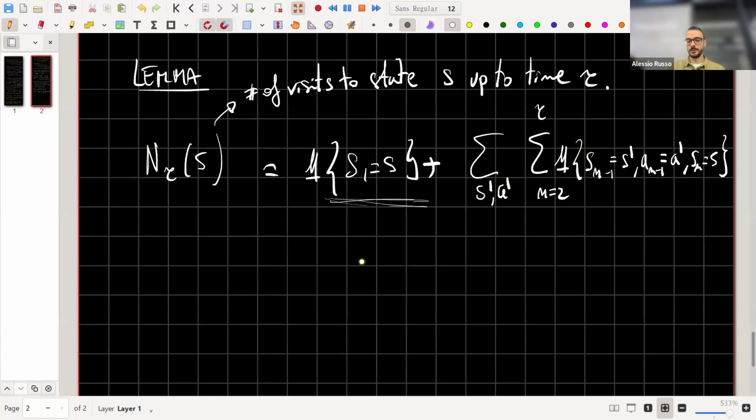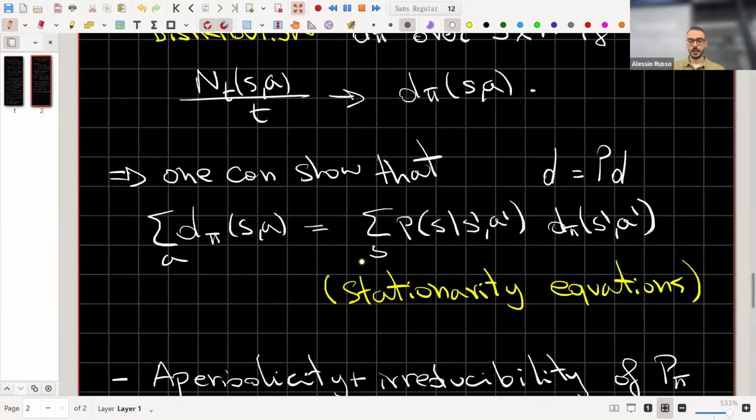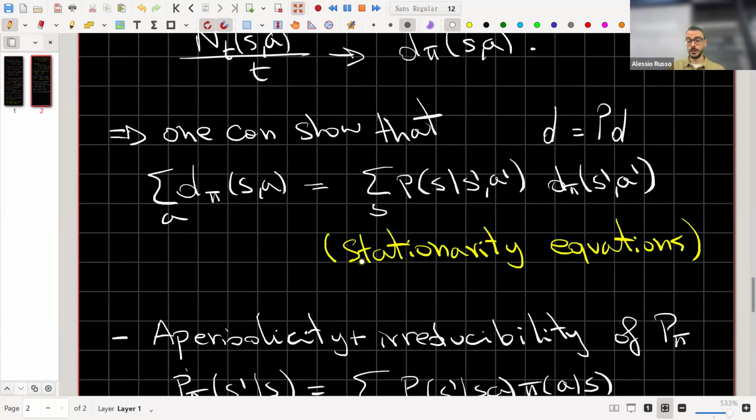Why are we writing this number of visits to state S in this way? Simply because in the lower bound, we will show that the navigation constraints will tend in the limit to this equation.